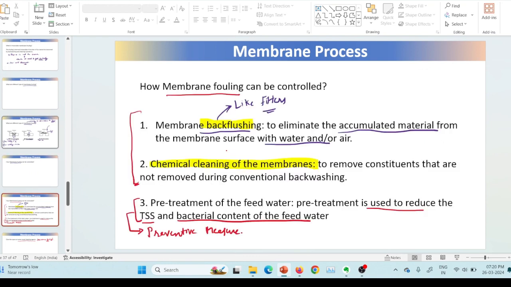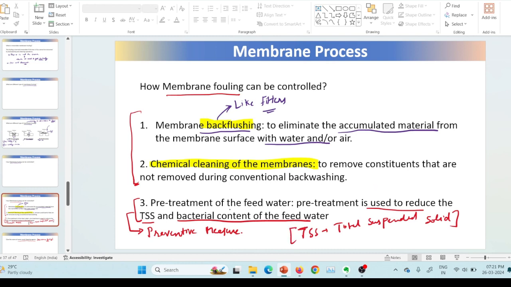For membrane fouling, we studied that back flushing can be done, and if back flushing is not able to remove it, then we provide chemical cleaning. One preventive measure is pre-treatment of feed water so that we can reduce TSS concentration, that is total suspended solids.